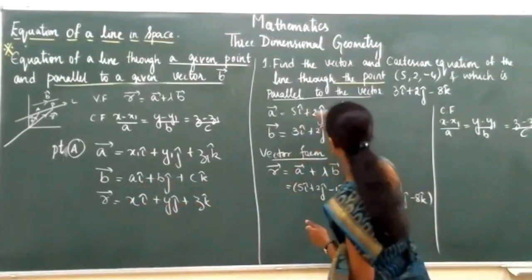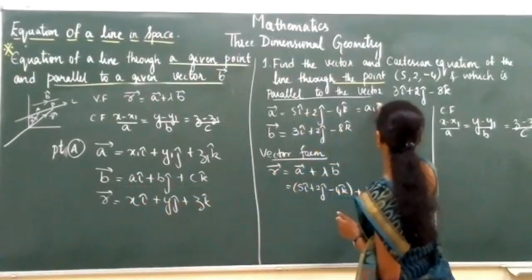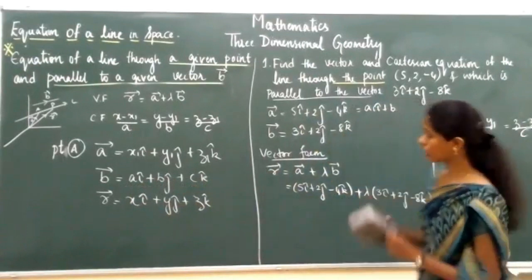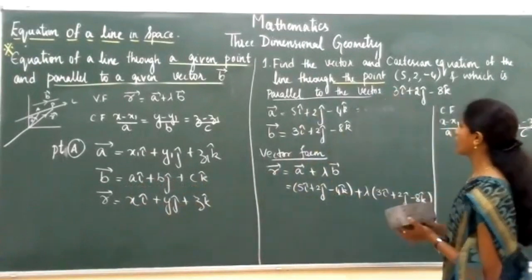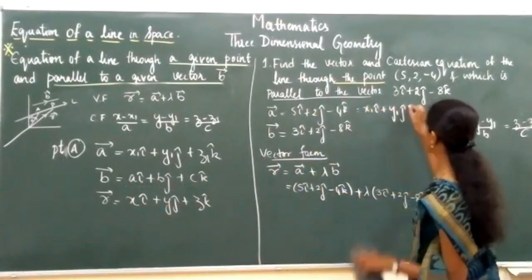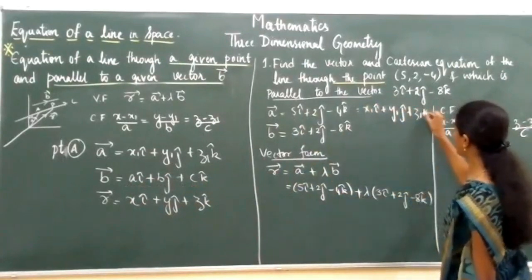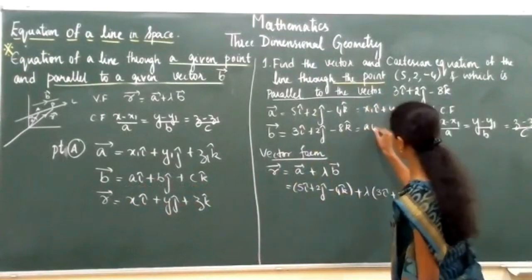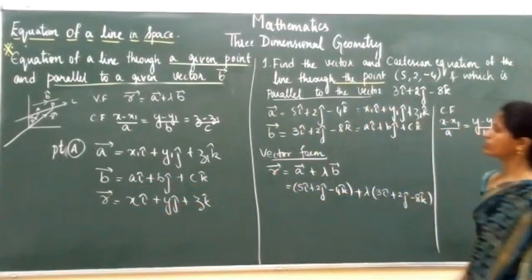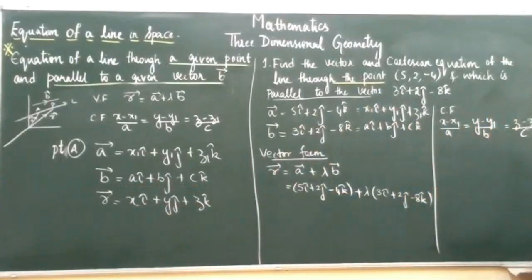So this is nothing but x1 i cap plus y1 j cap plus z1 k cap, and this is a i cap plus b j cap plus c k cap. So just compare and substitute the values.